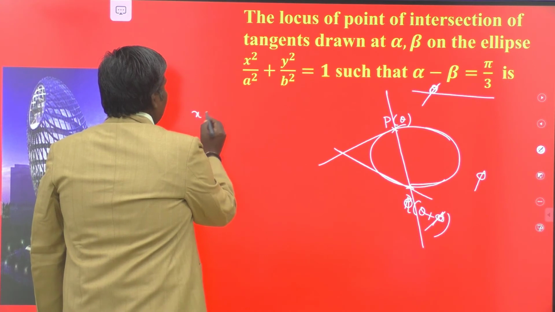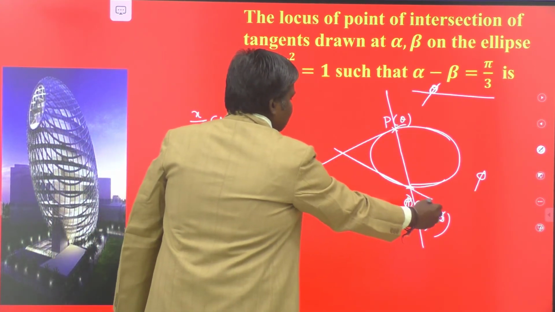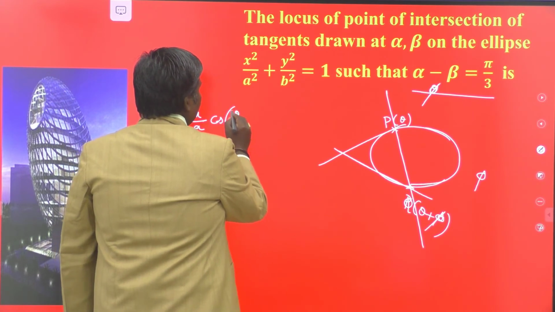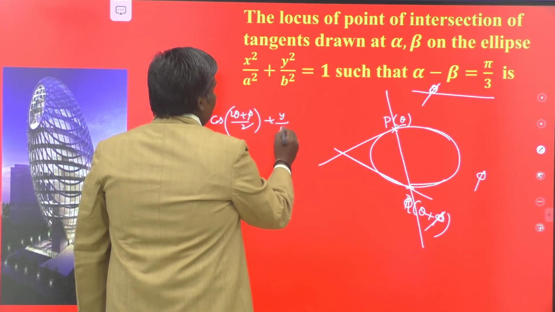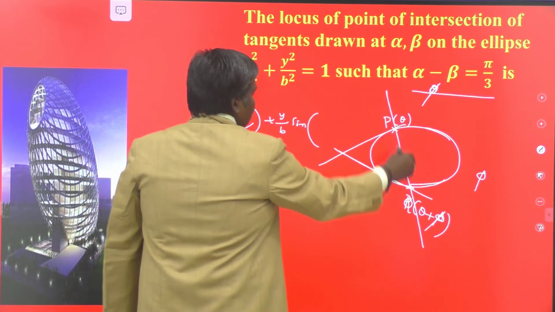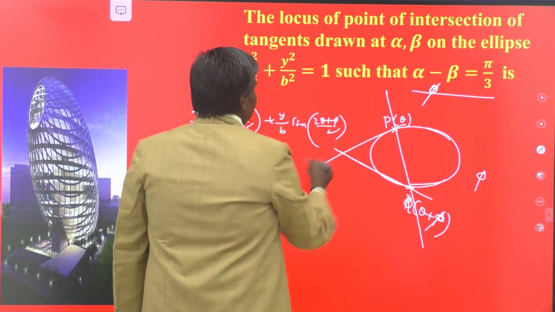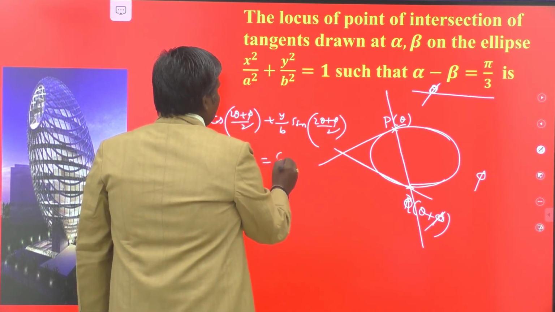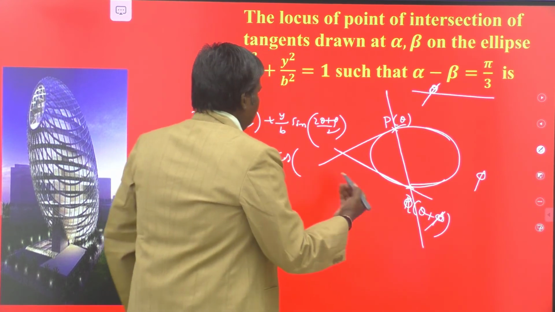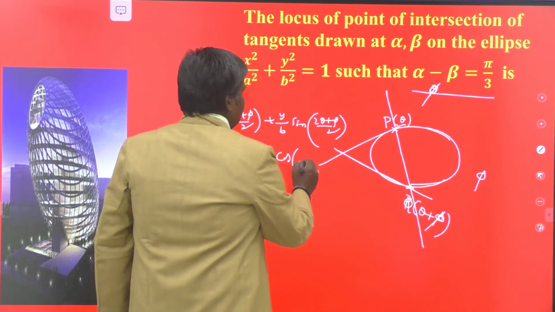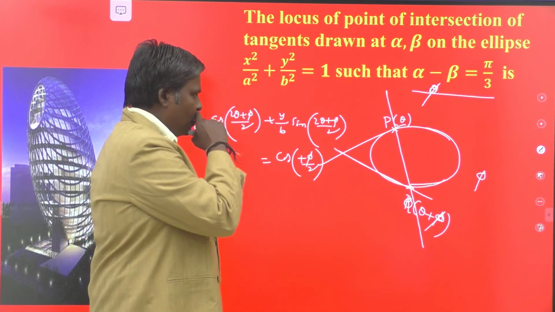What is the equation of the line? x by a cos((2 theta plus phi) by 2) plus y by b sin((2 theta plus phi) by 2) is equal to cos of ((theta minus (theta plus phi)) by 2). Cos of minus phi by 2 is nothing but cos phi by 2.